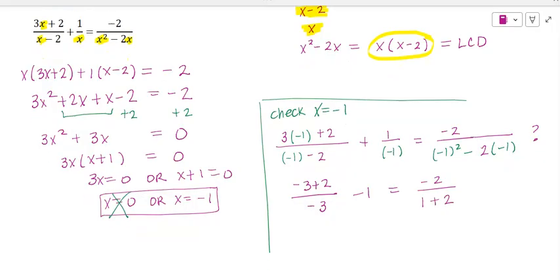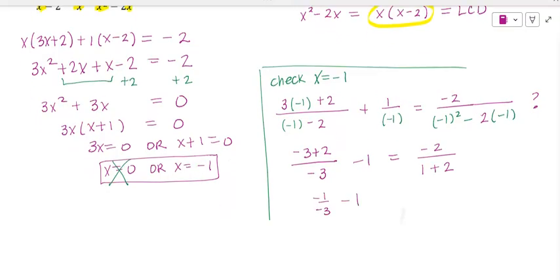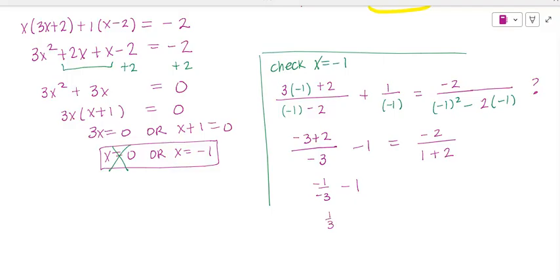Okay, so I'm getting negative 1 over negative 3 minus 1. That's 1/3 minus 1, or negative 2/3. And it looks like on this other side, I'm also getting negative 2/3. That's excellent. So we're getting that x equals negative 1 is our final answer.